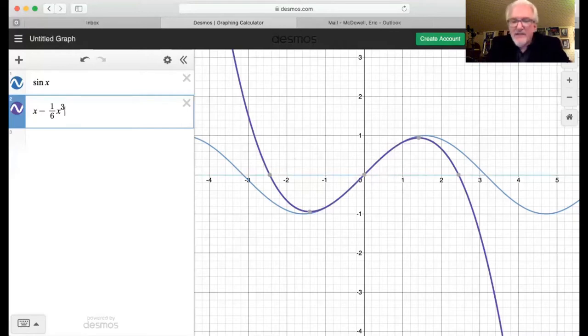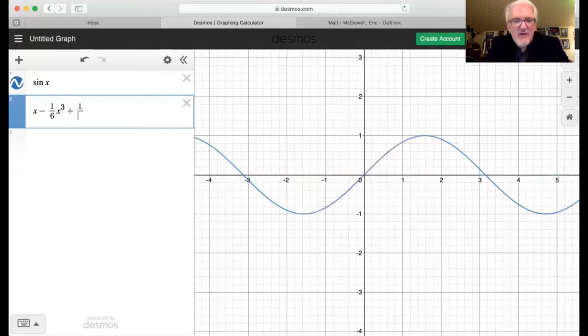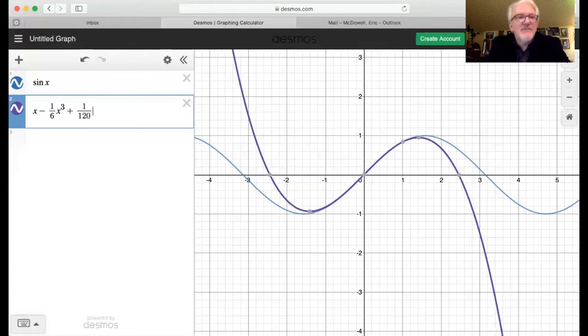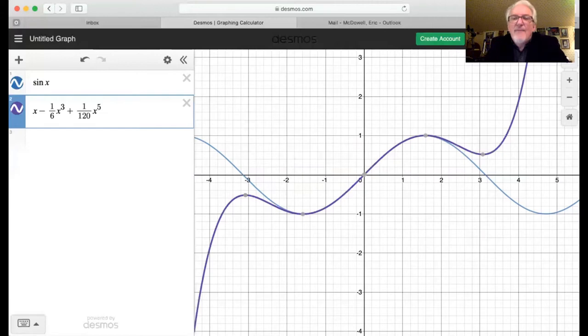Let's try another one. Let's add on to that 1 over 120 times x to the 5th power. Wow. Here, between -1.5, maybe even a little further, and 1.5, we get a lot of similarity between the graph of the polynomial and the graph of sine x.